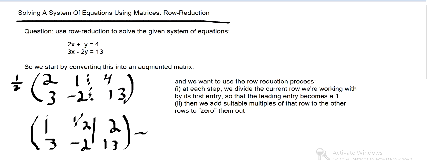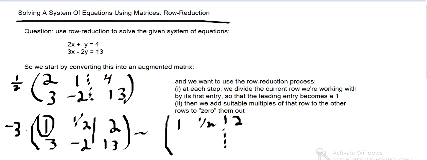And then we're going to use this leading 1 here. So this 1, we're going to use that to zero out the other entries in column 1. So we're trying to zero out the 3. So we can take minus 3 times this first row and add to the second row. So we keep the first row the same, 1, 1/2, then 2, and we add minus 3 times the first row to the second row.